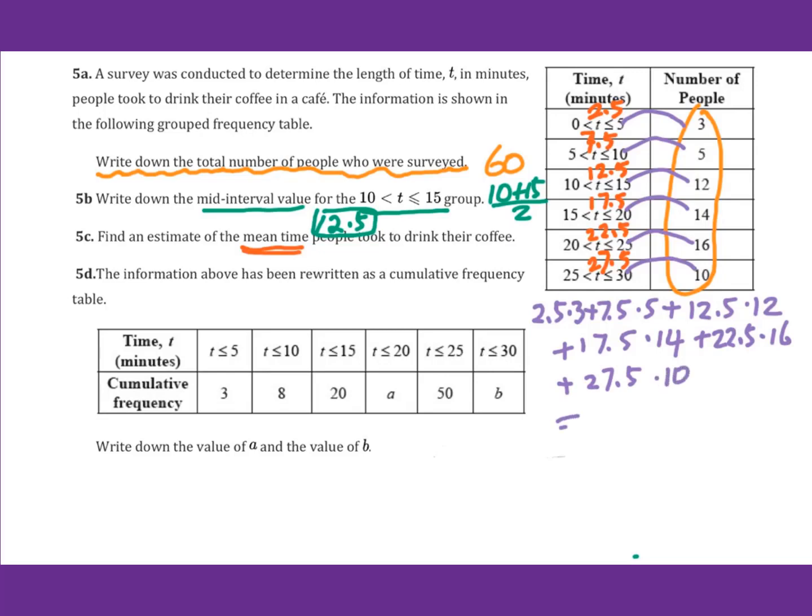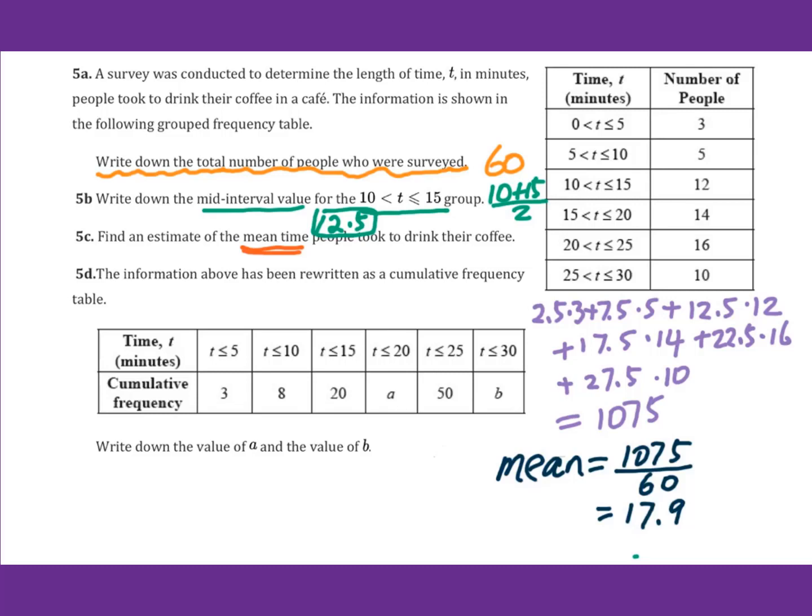So you put it into a calculator, you will get the mean will be 1075 divided by 60. Answer will be 17.9.